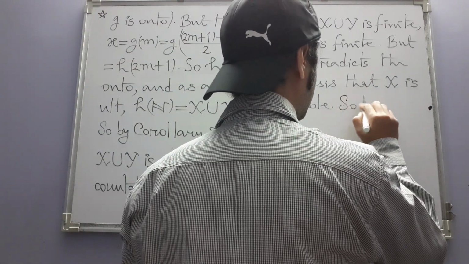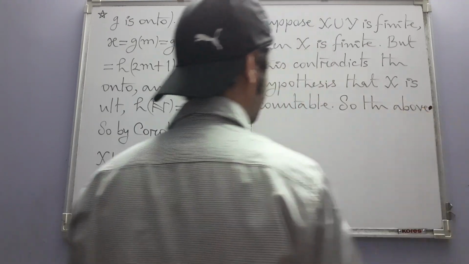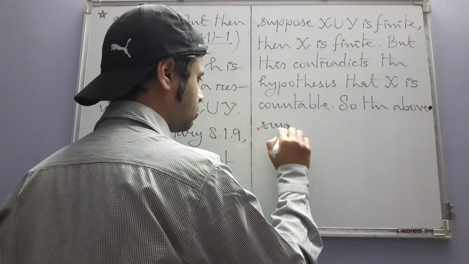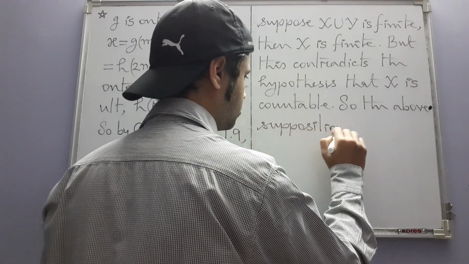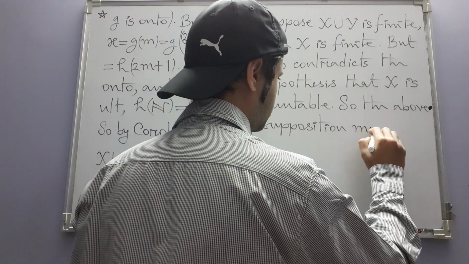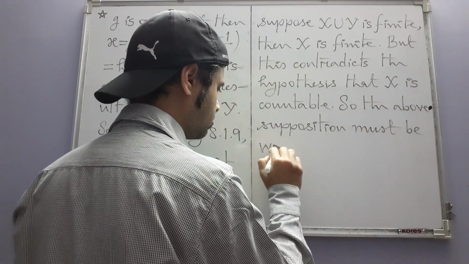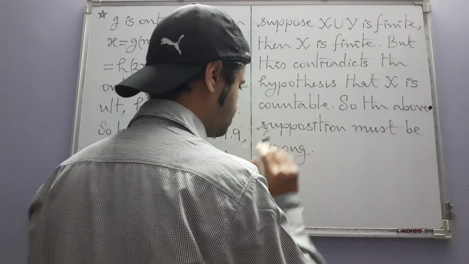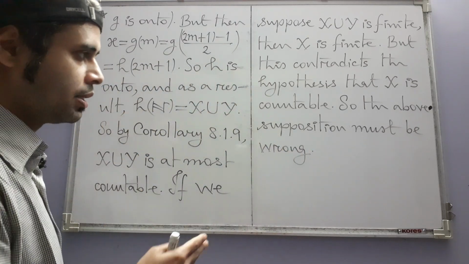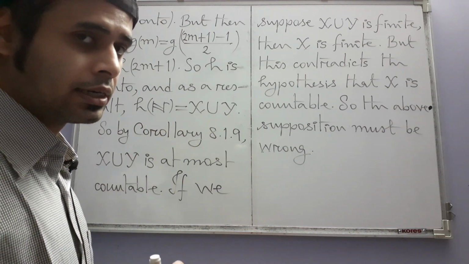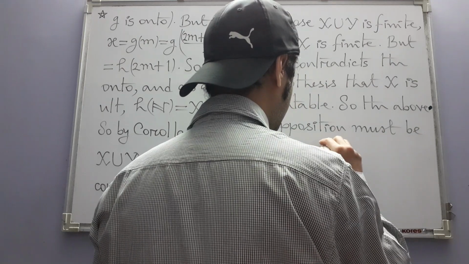So the above supposition must be wrong. But then x union y is at most countable, and also it cannot be finite, it has to be infinite, then it must be countable.